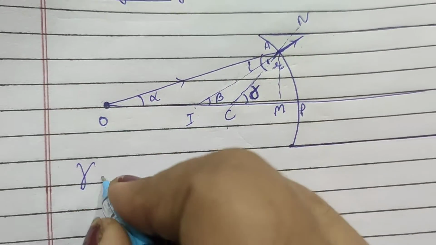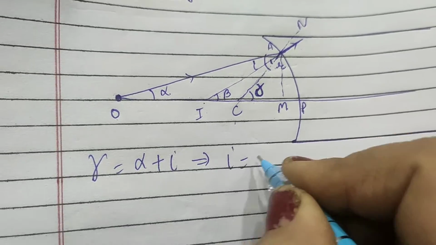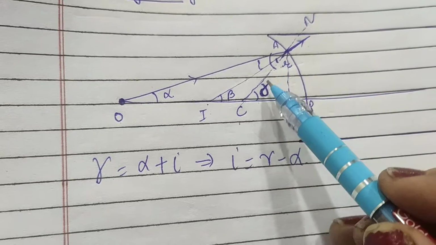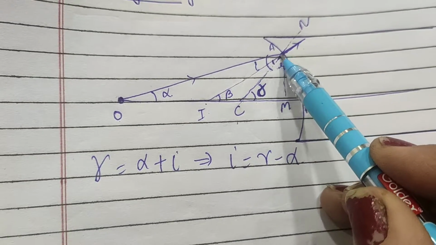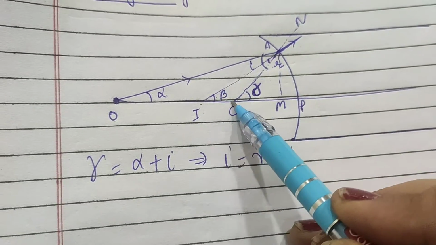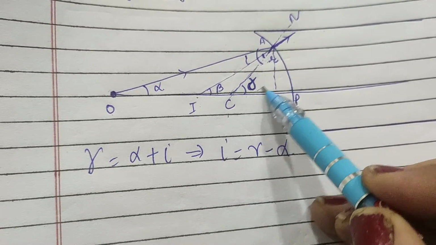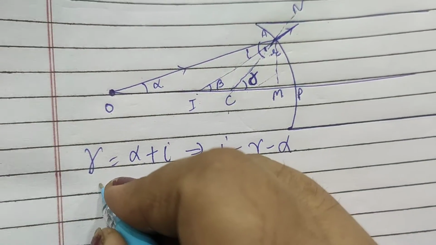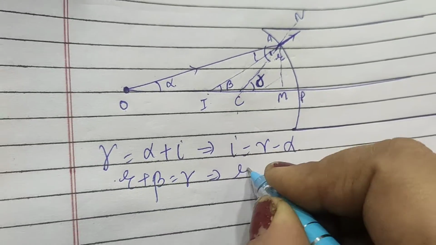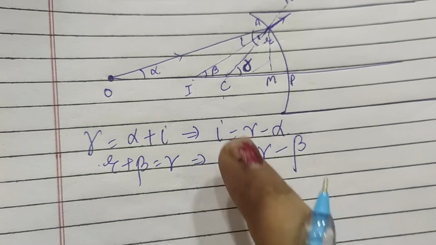So you can write gamma is equal to alpha plus i, or we can write that i is equal to gamma minus alpha. Similarly, in this triangle A, I and C, you can see that this r is internal, this beta is internal, but this gamma is external. So r plus beta is equal to gamma, or we can say that r is equal to gamma minus beta. So the first step we have done to find out the angles i and r.